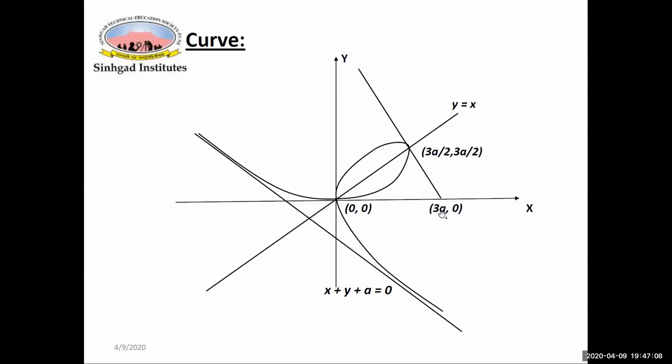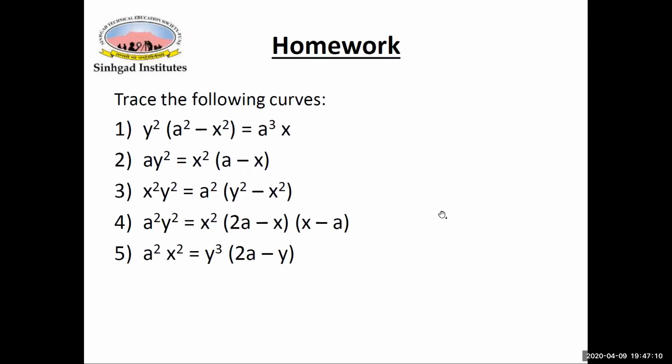So we have studied Cartesian curves today, in which you have to remember 5 points: symmetry, origin, tangent at origin, special points, that is points of intersection, asymptote, and region of absence. So for practicing at home, I have given you here 5 problems.